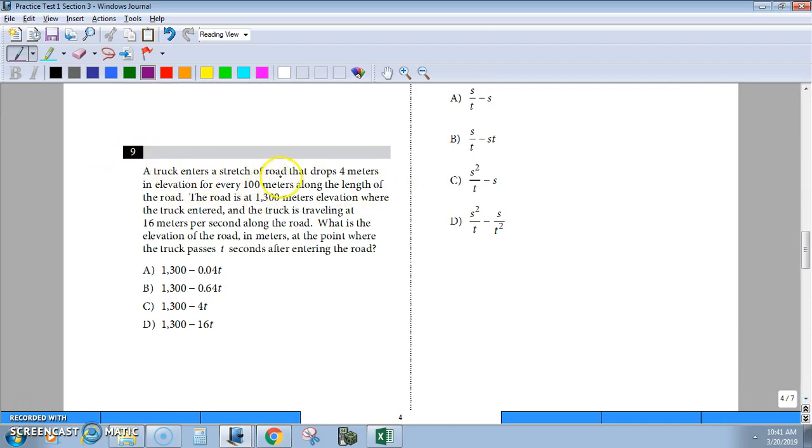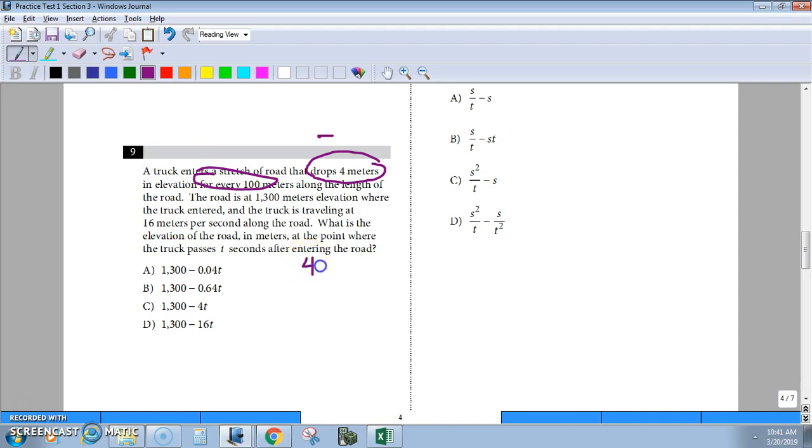All right, a truck enters a stretch of road that drops 4 meters. Look at that keyword drops. We're going to be subtracting there, right? 4 meters in elevation for every 100 meters along the length of the road. I am thinking at this point we're probably going to do a ratio already because we have that for every 100 meters. So I'm going to go ahead and set that up.